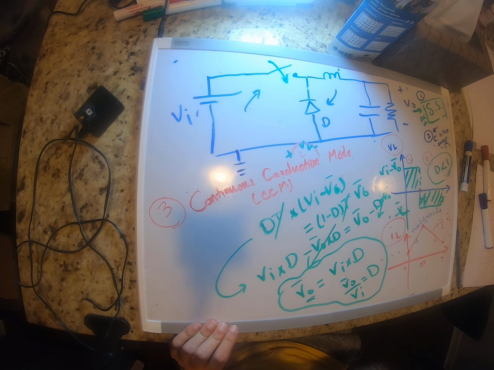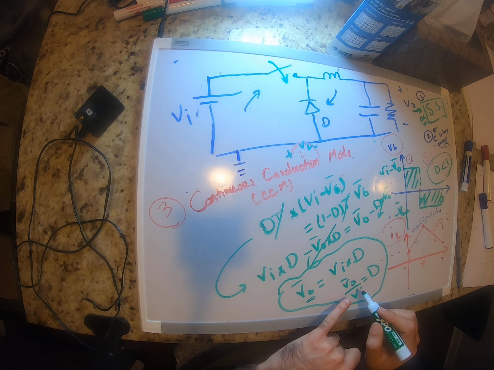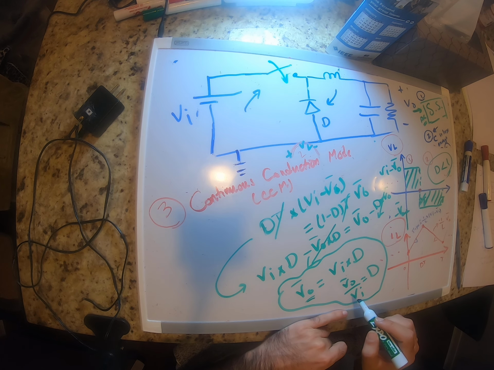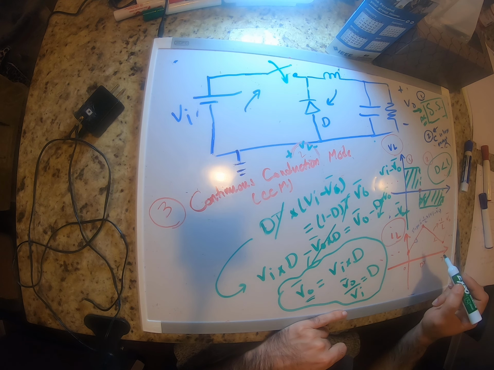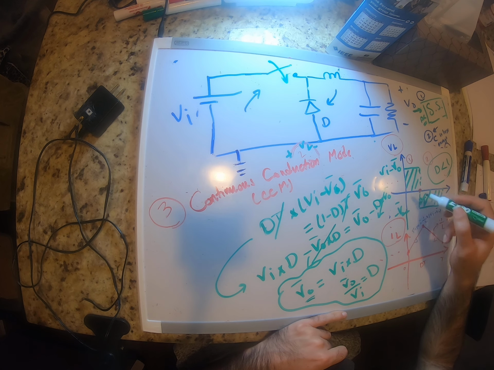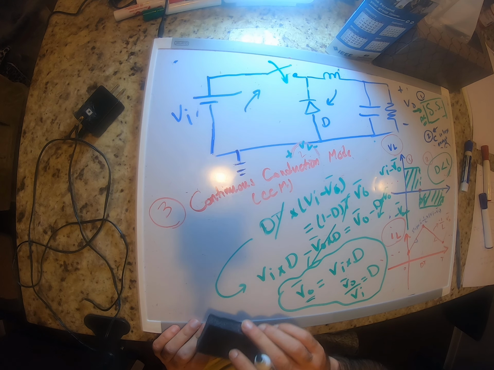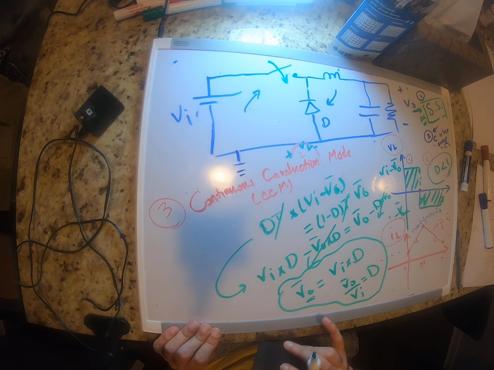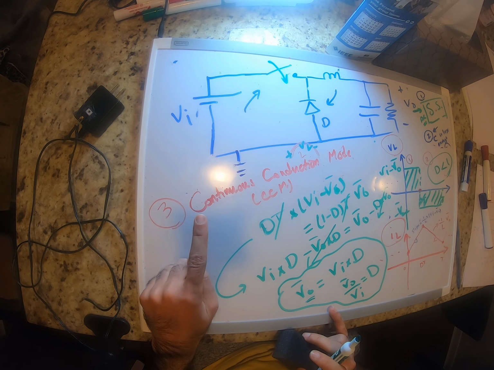So this is the voltage ratio of output voltage over input voltage for a buck converter. We did this using volt-second balance. This is an important relationship, but keep in mind that this is only valid if we are in the continuous conduction mode.